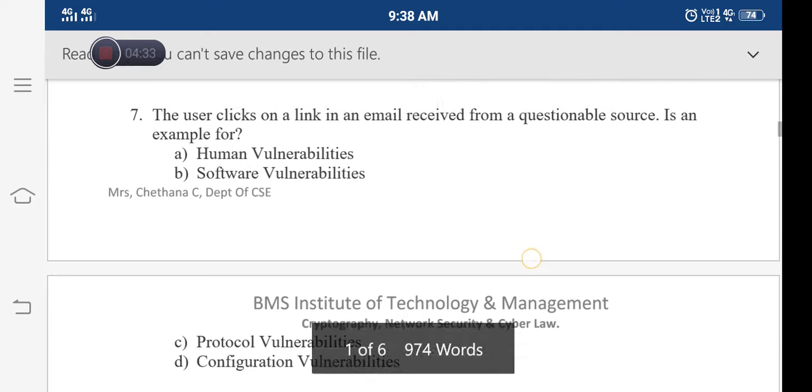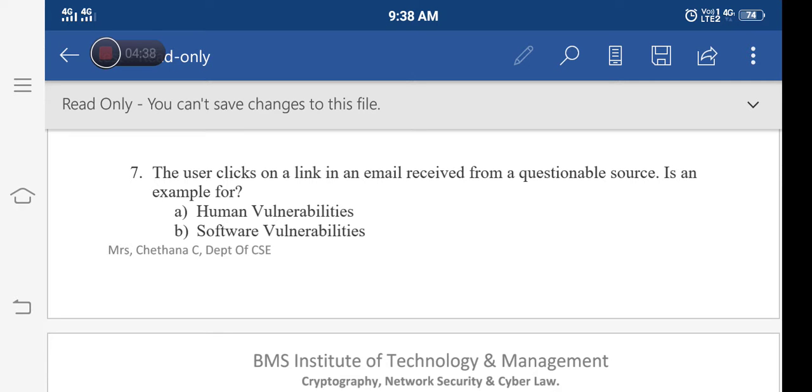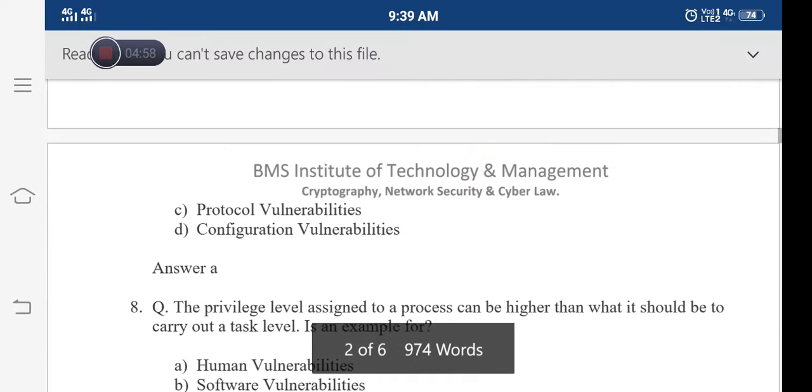The answer is human vulnerabilities, because the user clicks on a link in an email received from a questionable source, without checking the authentication of the sender. Obviously the user is performing a click operation on the link. So the answer is human vulnerabilities.